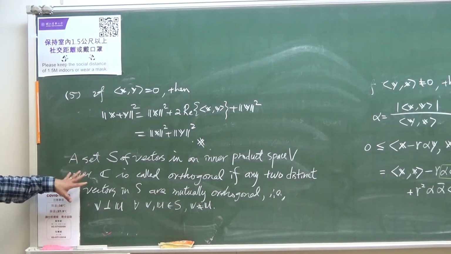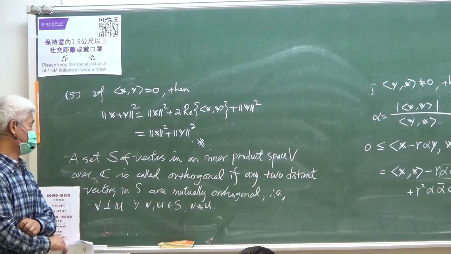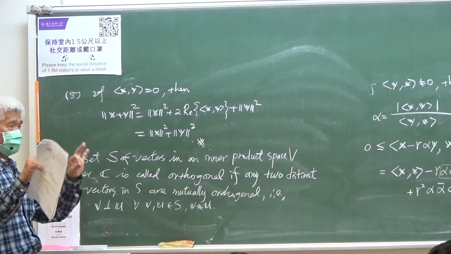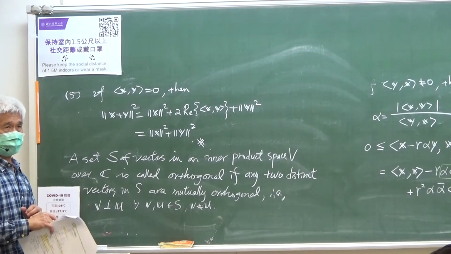So a set of vectors is called an orthogonal set if you take two distinct vectors in it, they are mutually orthogonal.